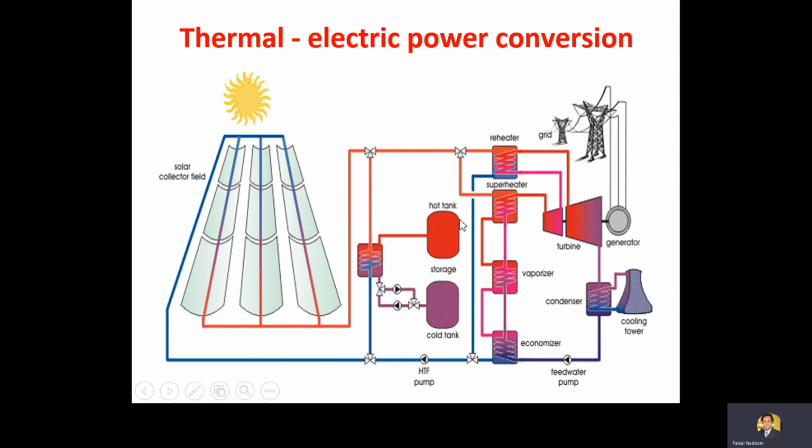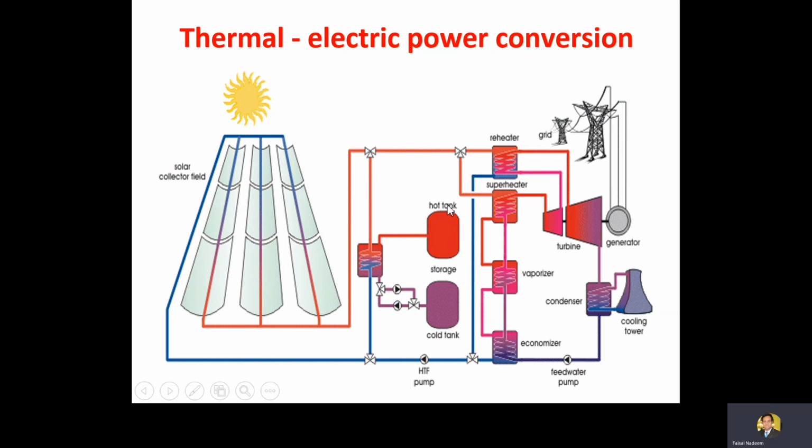Now, this slide is also explaining one more thing to you, that in case of solar photovoltaic applications, we generally use batteries for the energy storage. However, in the case of solar thermal technologies, as this is energy in the form of heat, we do not actually use batteries as a storage medium.